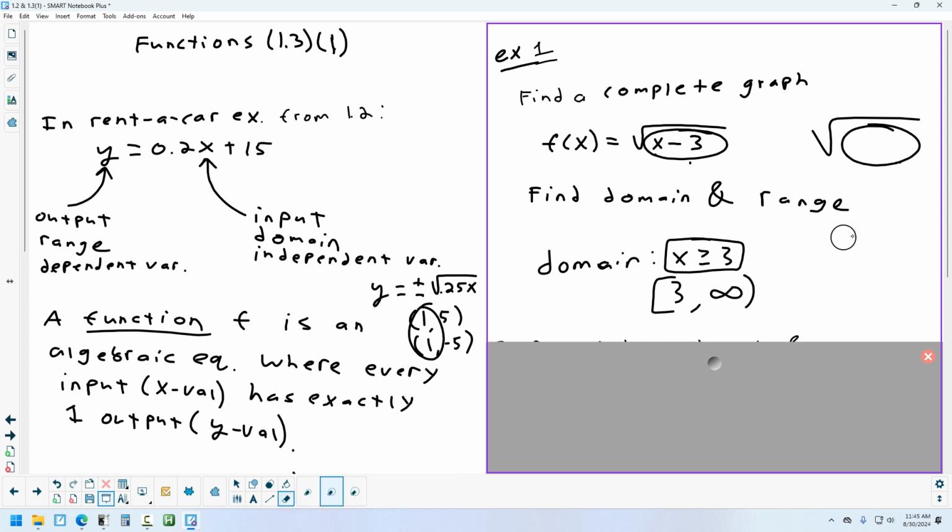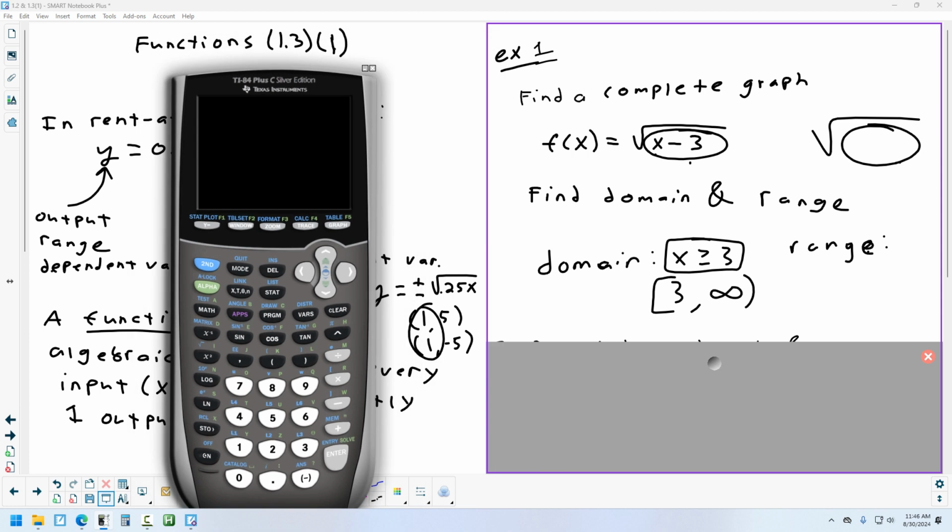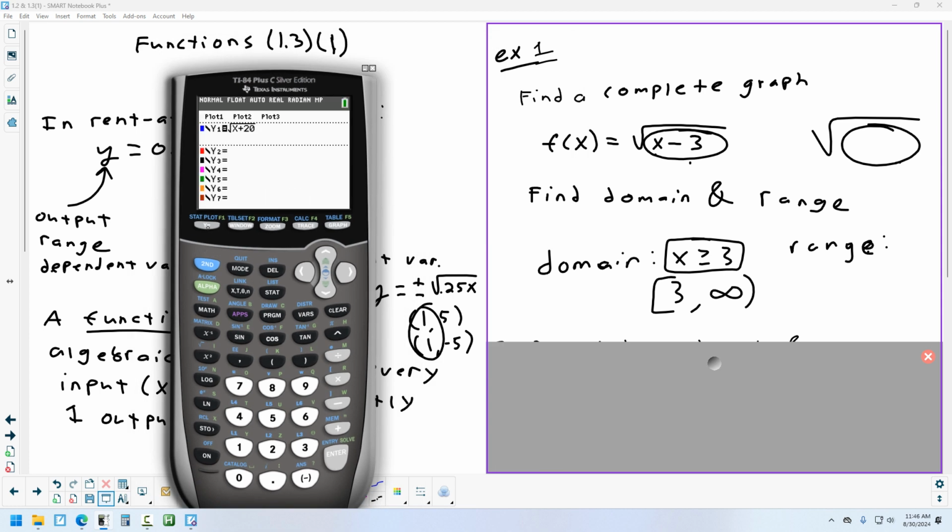All right, now let's graph it, see if we can find the range. So domain is the x, range is the y's. I still have the square root typed in, so I'm just going to change it to x minus 3.